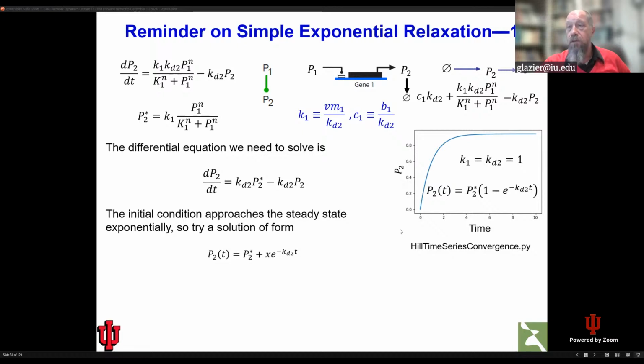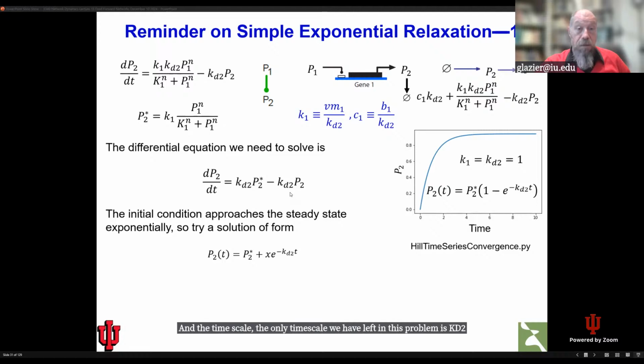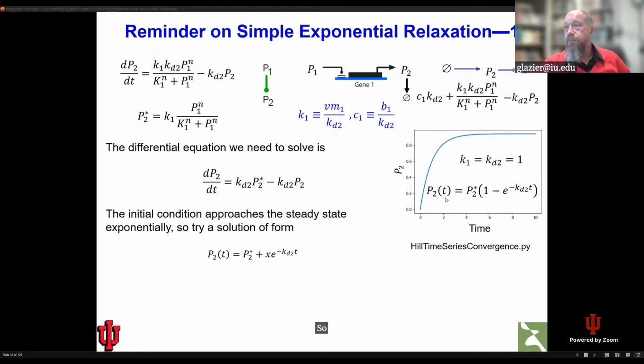The solution to this equation is P2 as a function of time is P2 star, the equilibrium steady state, plus an exponential. The only time scale we have left in this problem is KD2, the decay time. That's why we rescale everything by the decay time. So we know that P2 is equal to P2 star times 1 minus e to the minus KD2 t.